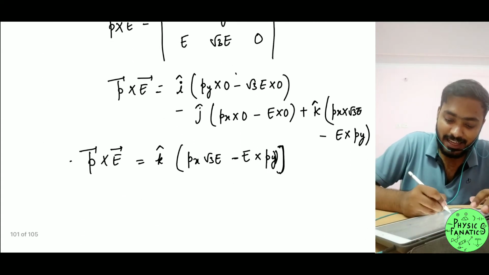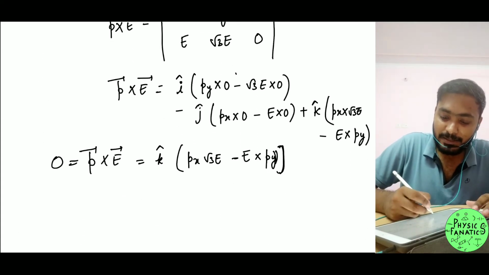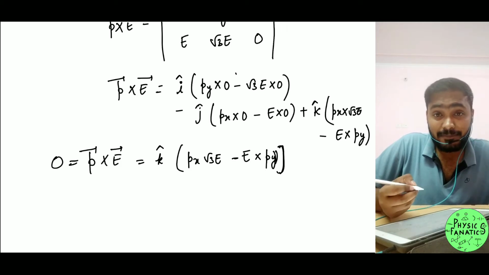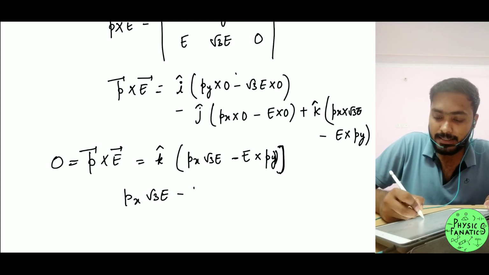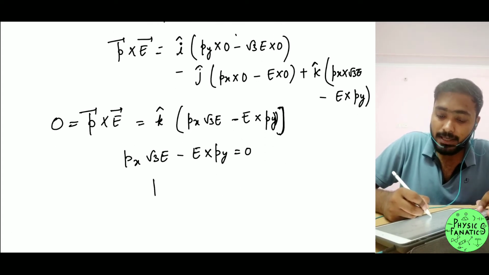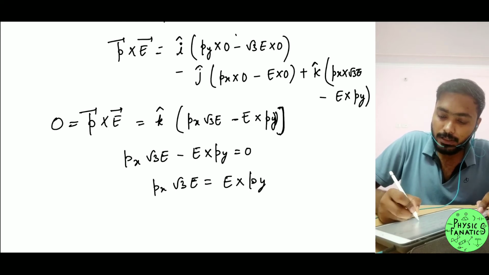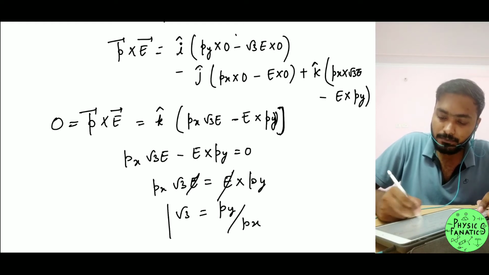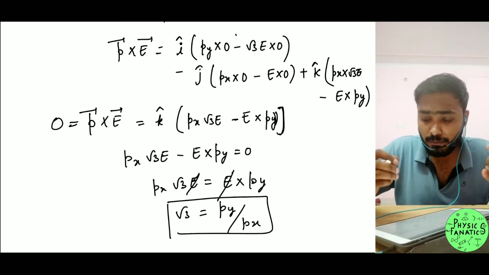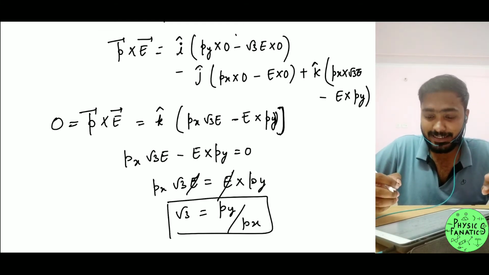So that means k cap has 0 value, or I can compare: Px root 3 E minus E into Py is equal to 0, or Px times root 3 E equals E times Py. Your E and E cancel out, or I can say root 3 equals Py upon Px. Can you see that? Root 3 equals Py upon Px, right?